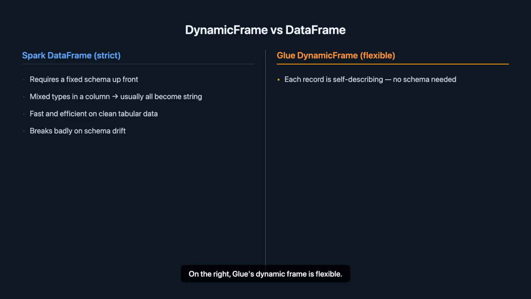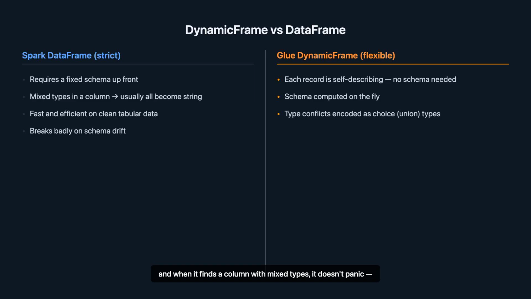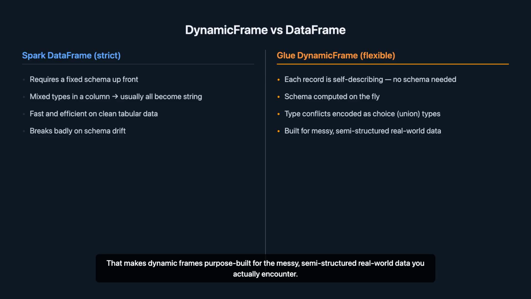On the right, Glue's dynamic frame is flexible. Each record is self-describing, so no schema is required initially. Glue computes the schema on the fly as it reads, and when it finds a column with mixed types, it doesn't panic. It encodes the conflict as a choice type, which is essentially a union of all the types it saw. That makes dynamic frames purpose-built for the messy, semi-structured real-world data you actually encounter.